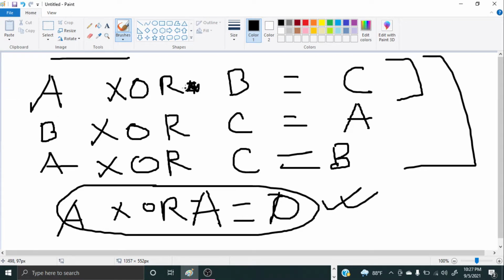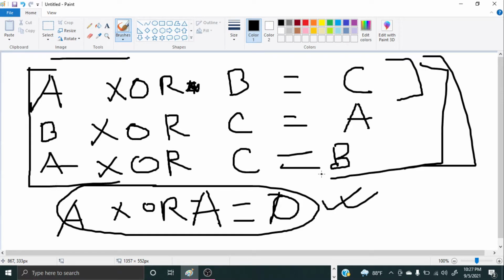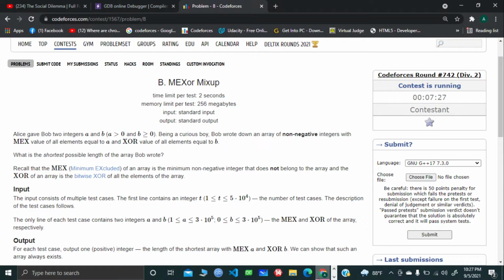If A XOR B equals C, then think about it: if I XOR A on both sides, what happens? A XOR A, this part gets cut out. What remains is B XOR 0, which is B. Basically, B is equal to A XOR C. So that's how we could prove it. This is a common operation that you should know for XOR. So this is going to help us in order to solve this problem. I'll show you how.